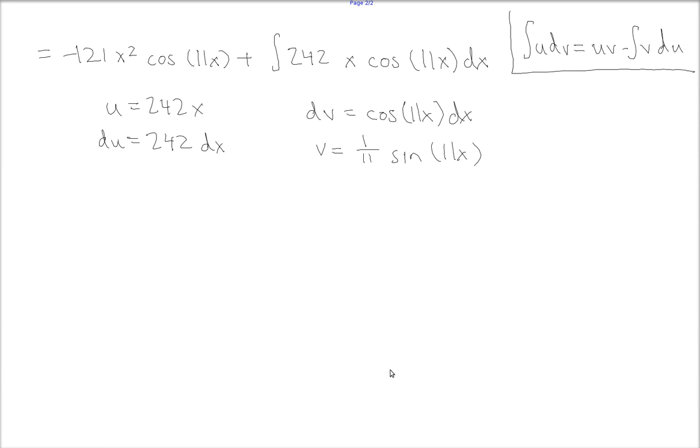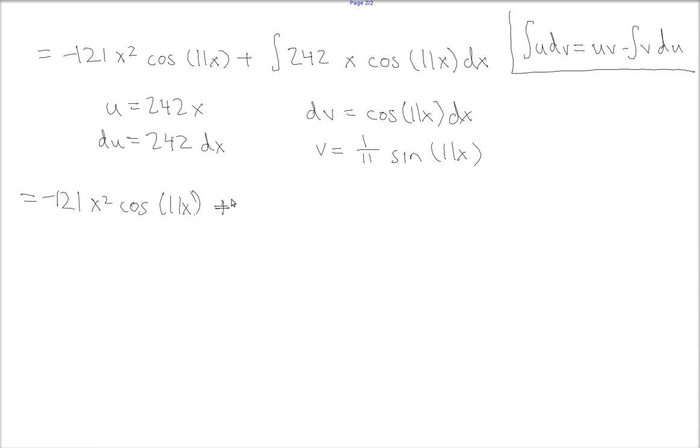So now I go back to my integration by parts rule again. I've got it rewritten up here, and plug everything in. I'm keeping the first part the same, so negative 121x squared cosine 11x just stays out front. Now for my integral, I'm using integration by parts.